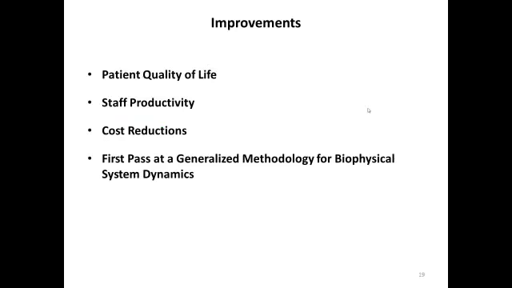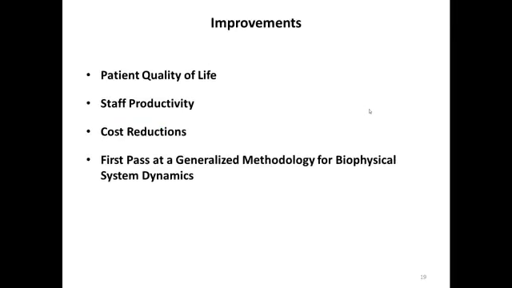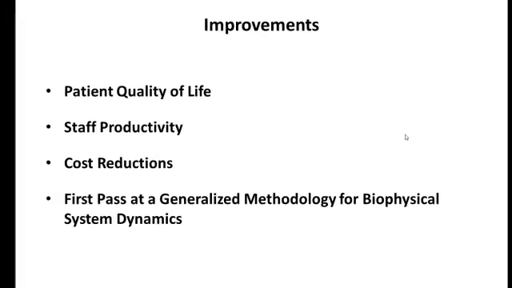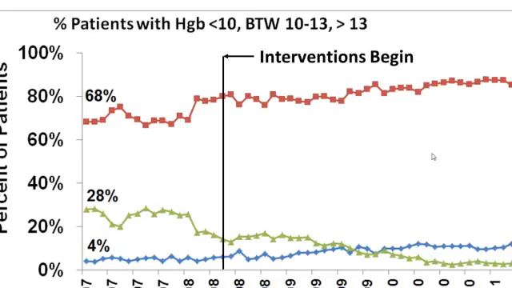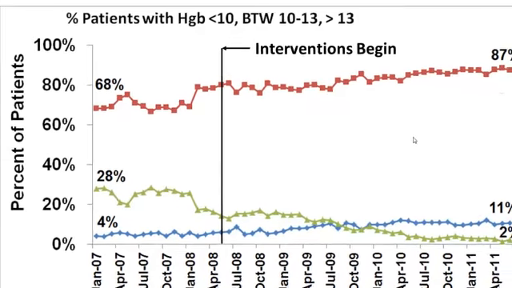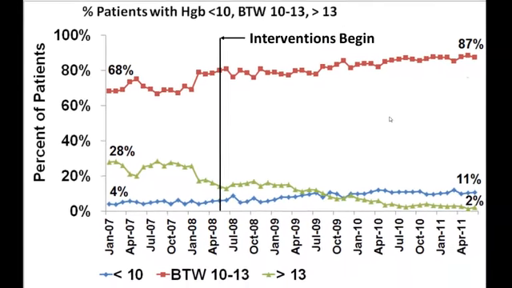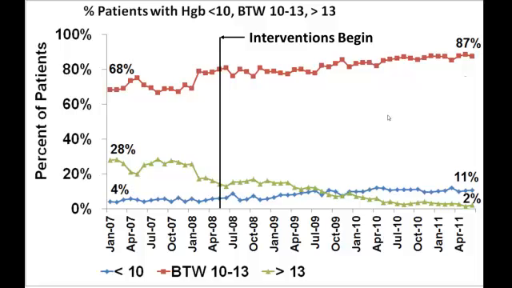What were the improvements that were made? Patient quality of life and staff productivity, cost reductions, and thinking about biophysical system dynamics in general. Here we have, from January 2007 to April of 2011, the percentage of patients within the 10 to 13 target range. Back in 2007, we were at 68%.